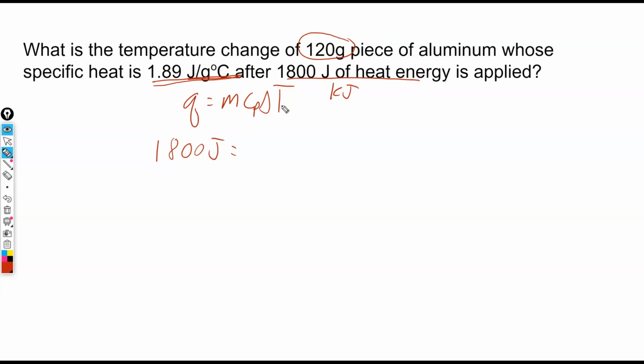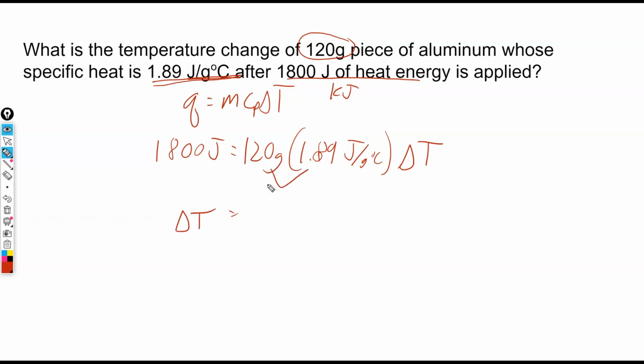Going back to this equation, we know the mass is 120 grams. We have our specific heat given to us, 1.89 joules per gram degree Celsius. And we're looking for that temperature change, delta T, so the whole change in temperature, the magnitude of it. So we're just going to solve for delta T. We'll multiply these two together, and divide them over by 1800.